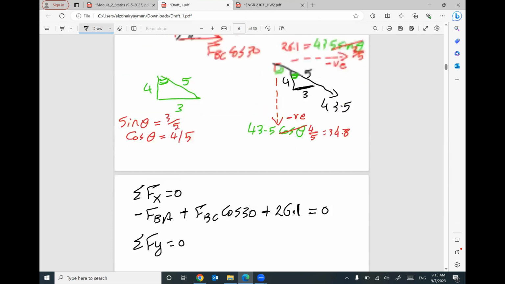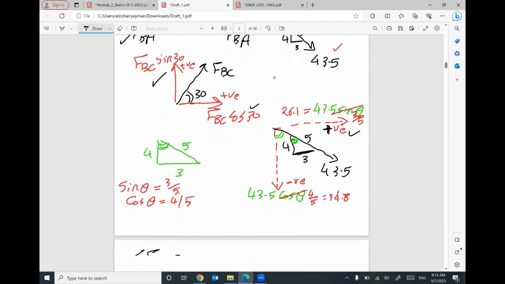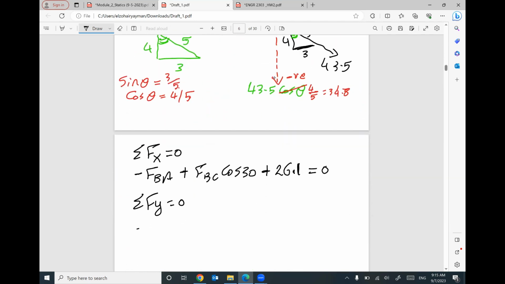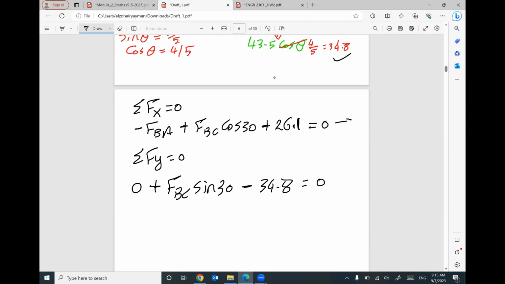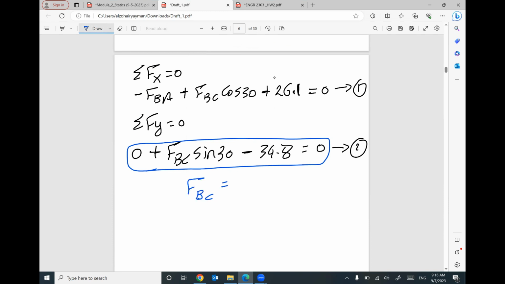Summation of y equals 0. What do you have in y direction? We have 0. We have this one. So 0 plus FBC sine 30 minus 34.8, this one, equals 0. We have two more equations with two unknowns. I think we are lucky here because if you start with this equation, I can get something. I can figure out the value of FBC, easy calculation.